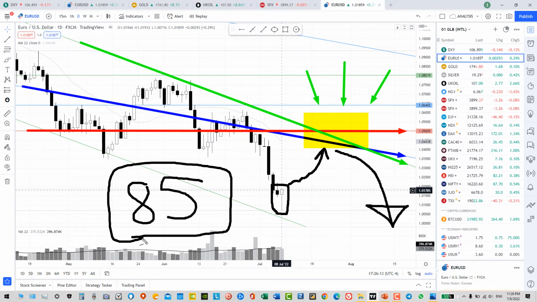In order for the euro to regain some kind of bullishness, it should manage to break above these levels, which is not the case and which is less likely as long as the Russian-Ukrainian war is taking place, as long as the Russian-NATO conflict is gaining more factors of negativity, and as long as the US Federal Bank is increasing the interest rates over the dollar.